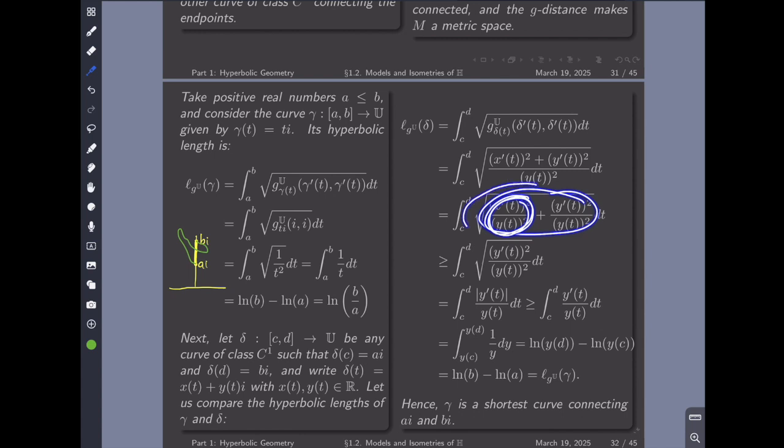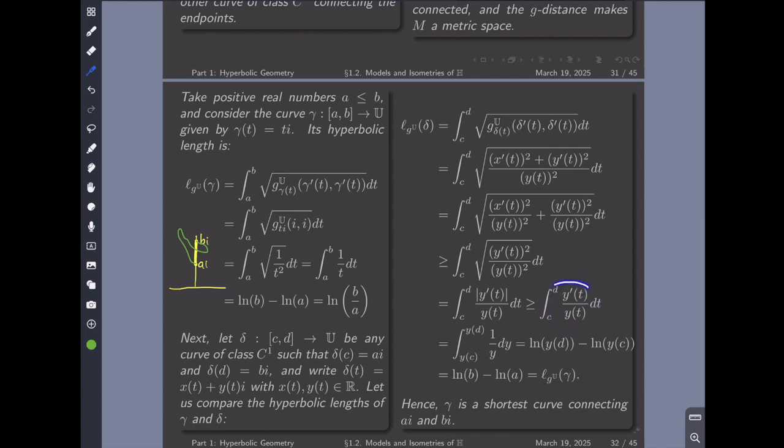So the integrand is greater or equal than the integrand here, so the whole integral is greater or equal. I can let the square root go, but when I let the square root go, I have to take the absolute value. And integrating something with absolute value is greater or equal than integrating the same stuff without the absolute value.